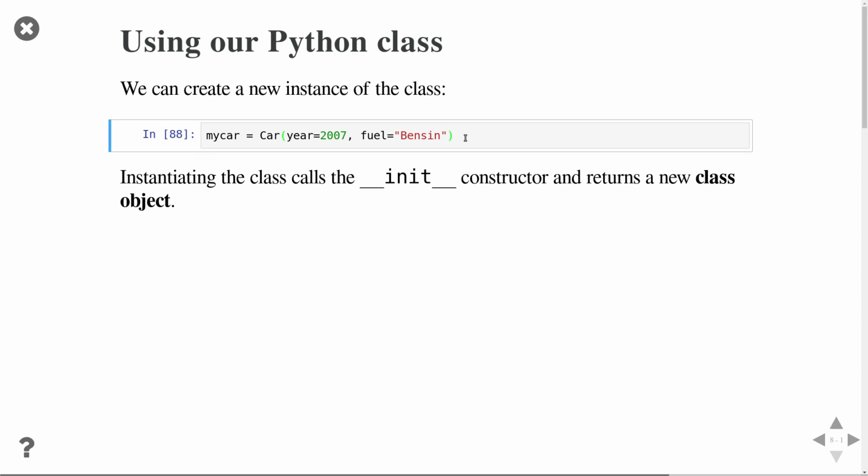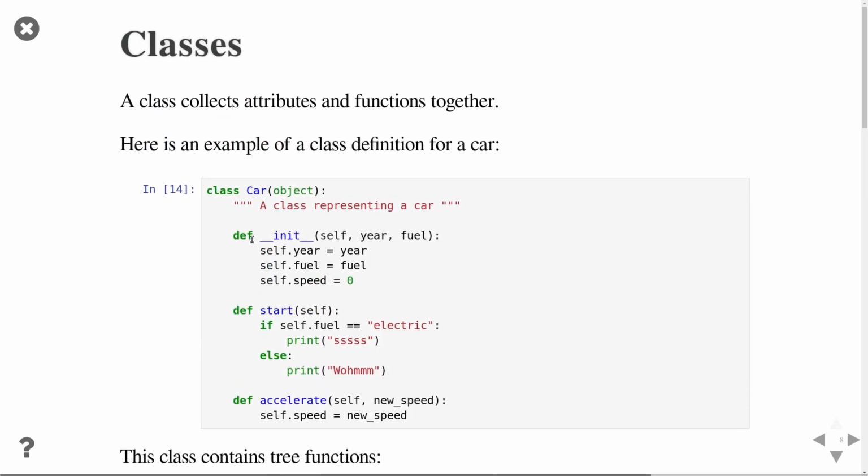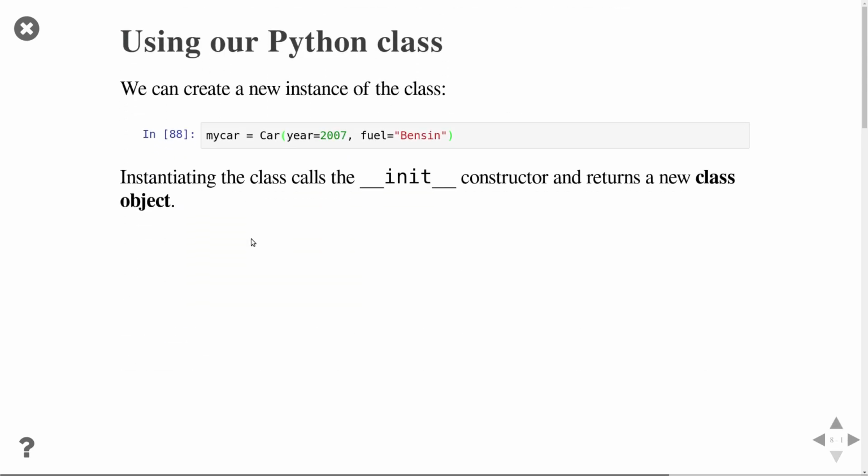Let's see if that works. By doing that, these variable names match exactly the definition of my init function. The init function has the self, and I'll explain this later, but other than the self, it takes the year and the fuel. That's exactly what I provided here, the year and the fuel.